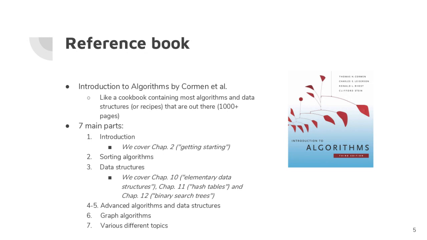And then the last 3 parts of the book we won't discuss, but just to give an idea, part 4 and 5 consist of more advanced algorithms and data structures. Part 6 contains graph algorithms, and part 7 various different topics.